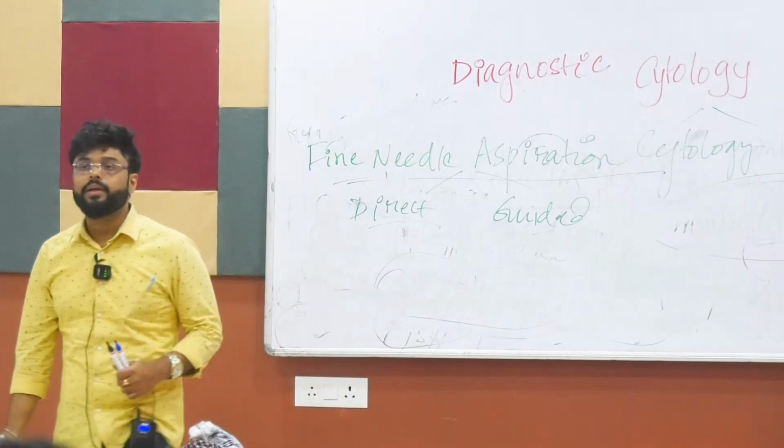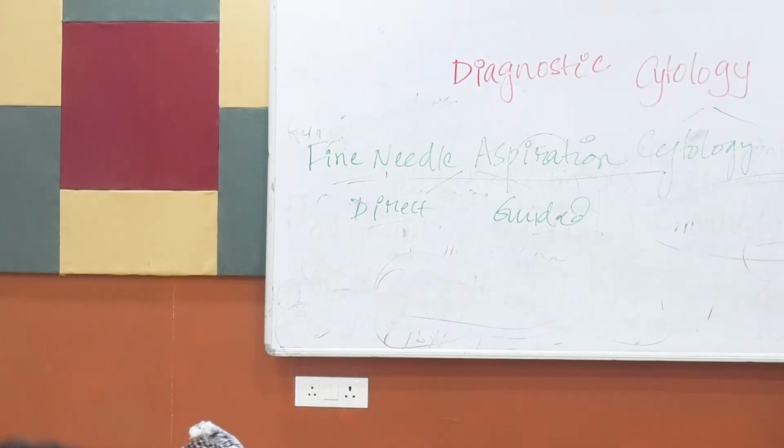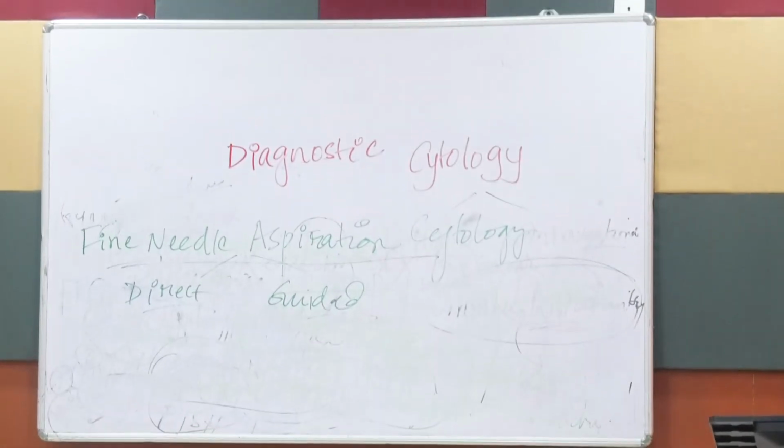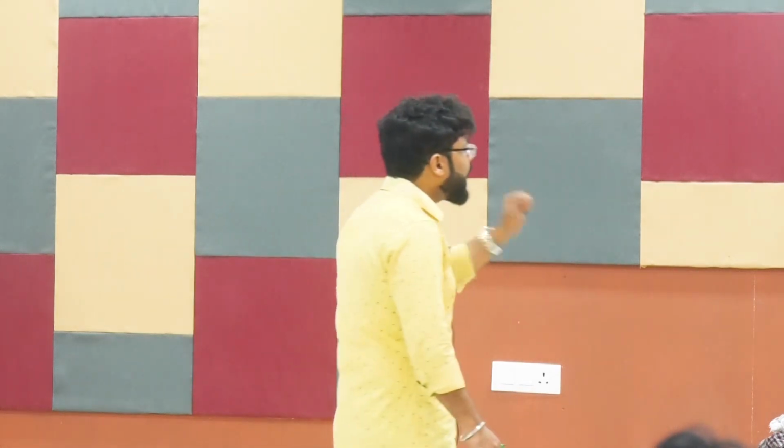Where do we do direct? Suppose there is a lesion that can be palpated on the body surface, like a thyroid lobe swelling or any soft tissue swelling, like a lipoma or any cystic swelling, epidermal inclusion cyst. So if there is any swelling over the body surface and we can palpate it, we can aspirate the sample from that swelling by the direct method.